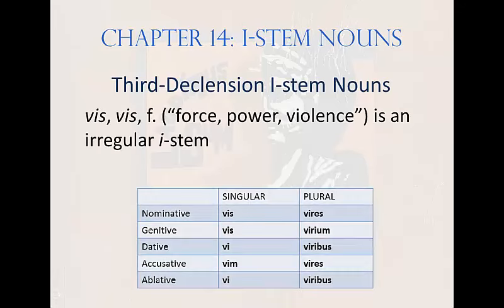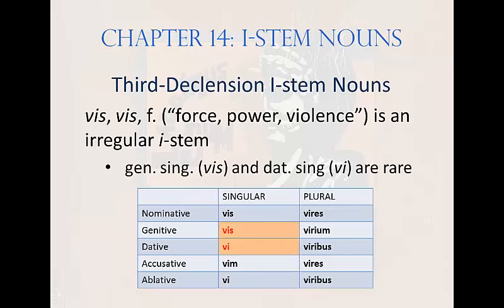One third declension i-stem noun is worth taking a special look at. It's vis, vis, feminine, meaning force, power, or violence. It's irregular inasmuch as its accusative singular is vim, and its ablative singular is vi, a form that shows up often in classical Latin meaning through force or violence.